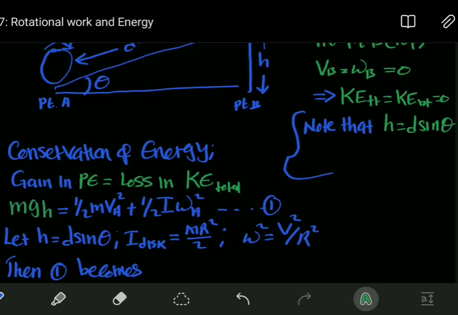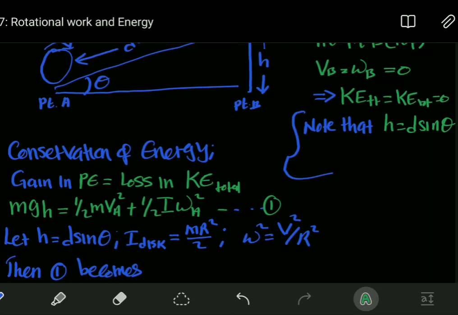Therefore we have mgh equals half m v_a squared plus half I omega_a squared. Okay, so notice here, this is the conservation of energy. I'm getting the potential energy at the top being equal to the kinetic energy at the bottom. Okay, so let this be our equation 1.